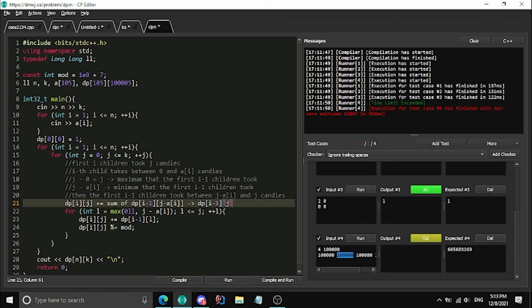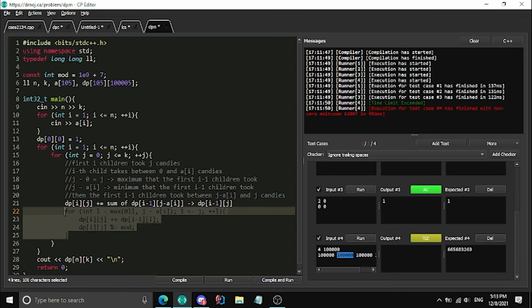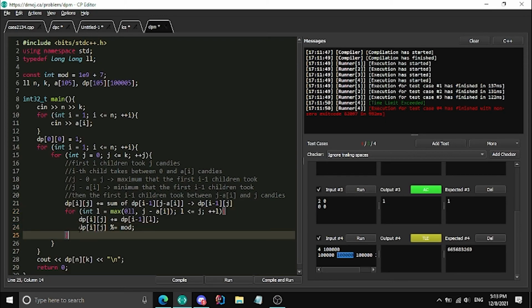Right, so we're essentially just summing up this range of values, and we can optimize this with a prefix sum array.